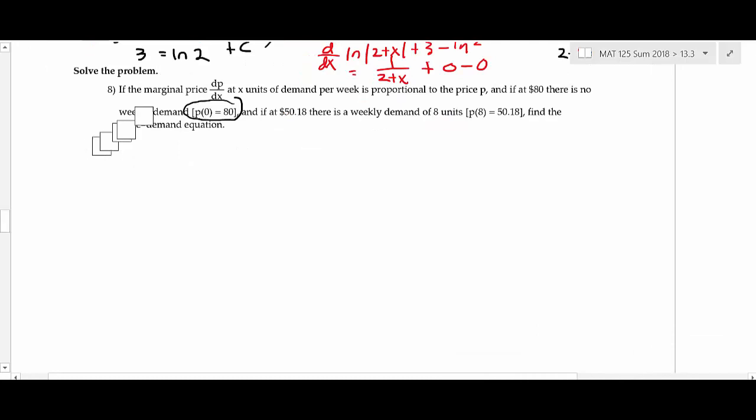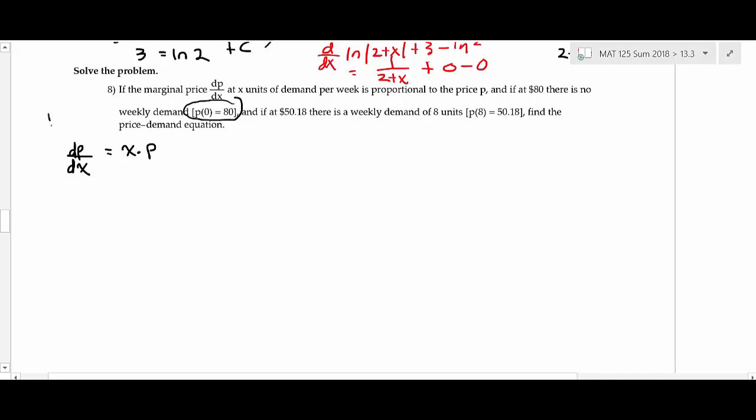Okay, so first of all, with this problem, there's one thing that we haven't talked about yet. It says that this marginal price is proportional to the price. So what that's saying is the equation would be dp over dx equals x times p. When you're proportional, it just means you have a product like that.